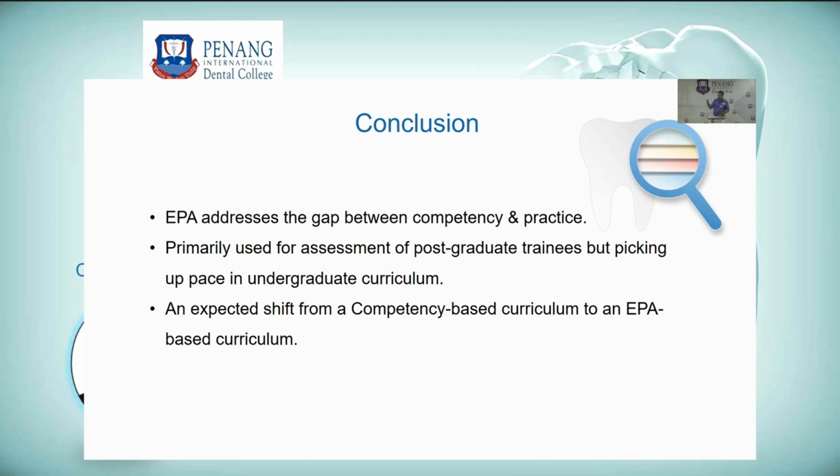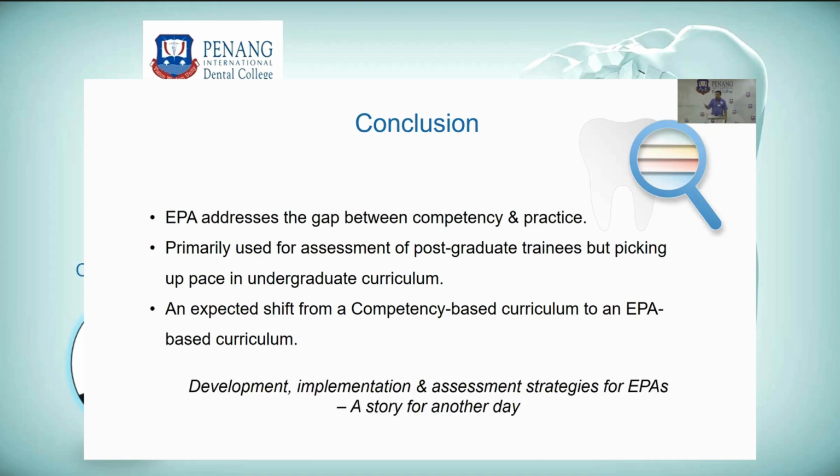That means at level 3 supervision, right? For the summatives, you have 7 EPAs for your first summative. And then only you can graduate. So that is how your EPA-based curriculum is now being designed and may come in the future. So the development of EPA, implementation and assessment strategies is a story for another day, right? So yeah.